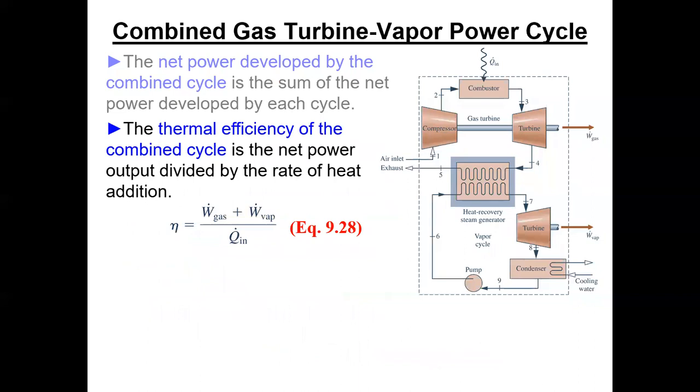Okay, so guess what? We have a net work out of the gas turbine cycle. That's gas turbine work output minus gas turbine compressor work input. On the vapor cycle, it's the steam turbine work output minus the pump work input. So you have to take it all into consideration. And the input, the way this is drawn, is just into the combustor.